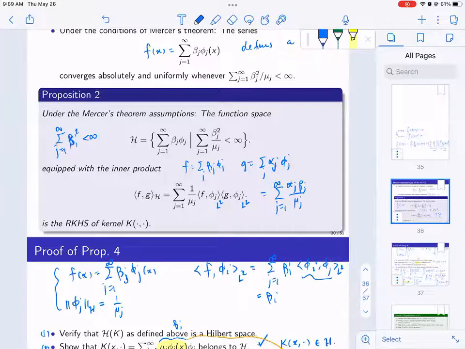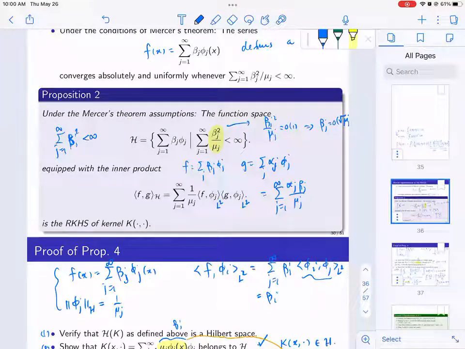A necessary condition for a series to converge is that beta j squared over mu j is O of 1. So this implies that beta j has to be O of root mu j. The mu j's are going to 0 at a certain rate. So the decay of these coefficients is faster than usual.